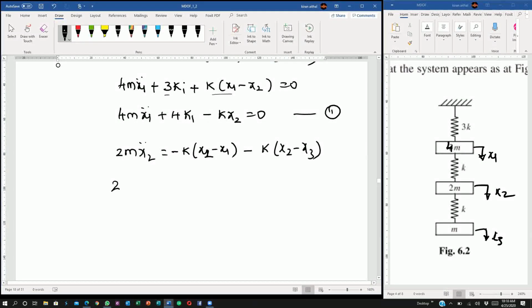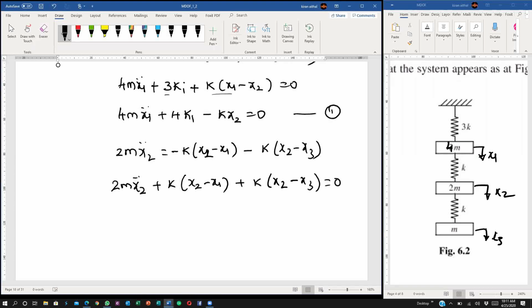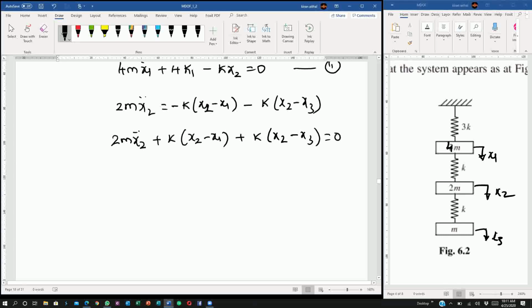Simplify this: 2m x2 double dot plus k into (x2 minus x1) plus k into (x2 minus x3) is equal to 0. So if I rewrite this, I'm going to get 2m x2 double dot.